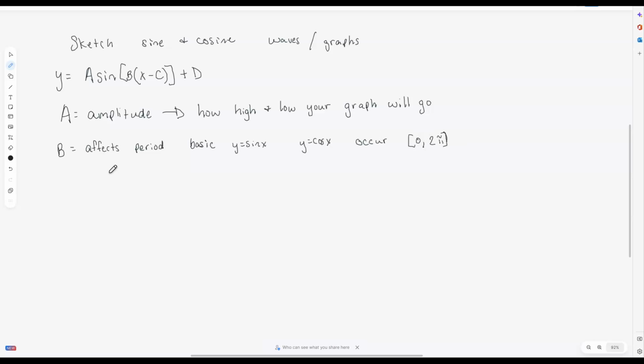You have one cycle over 2 pi, over 360 degrees.